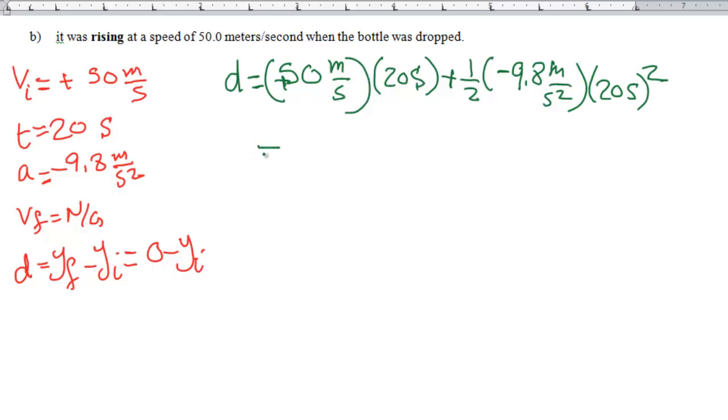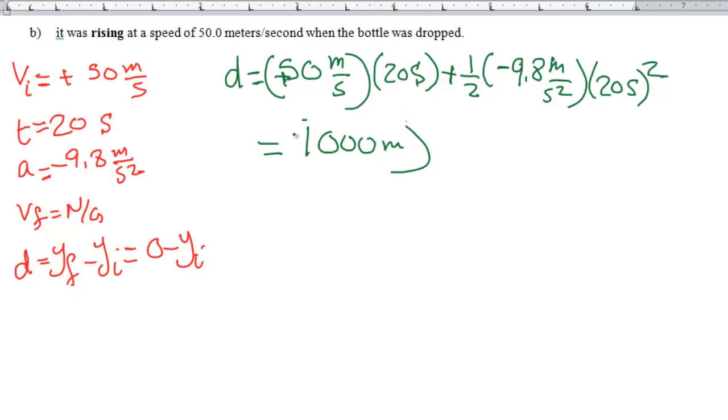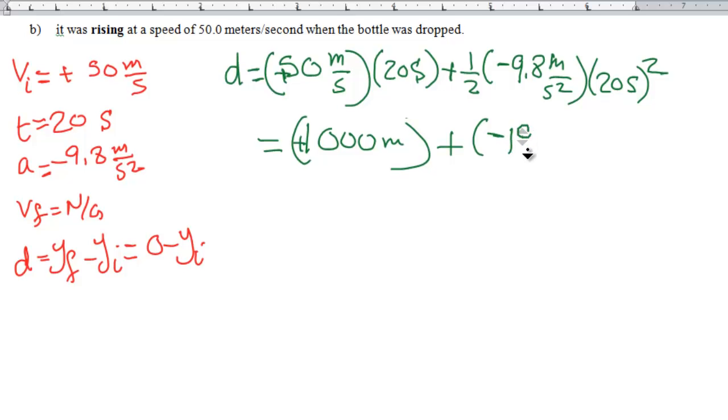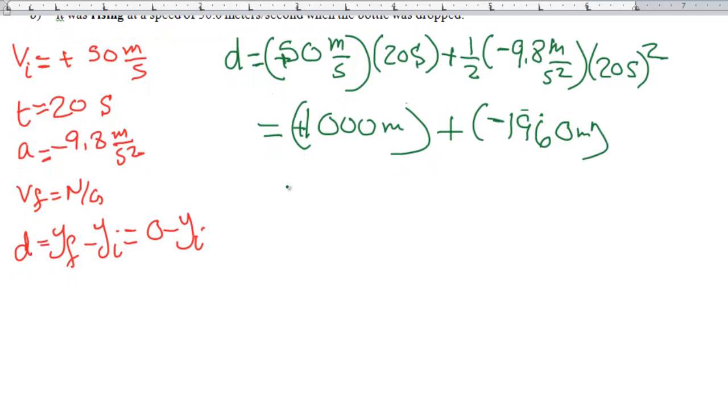If you carry out the calculation, and you should be careful with the signs here, this will yield 1000 meters for this term here. Second will cancel out with second, plus negative 1960 meters. So the height of the balloon at this moment should be 960.